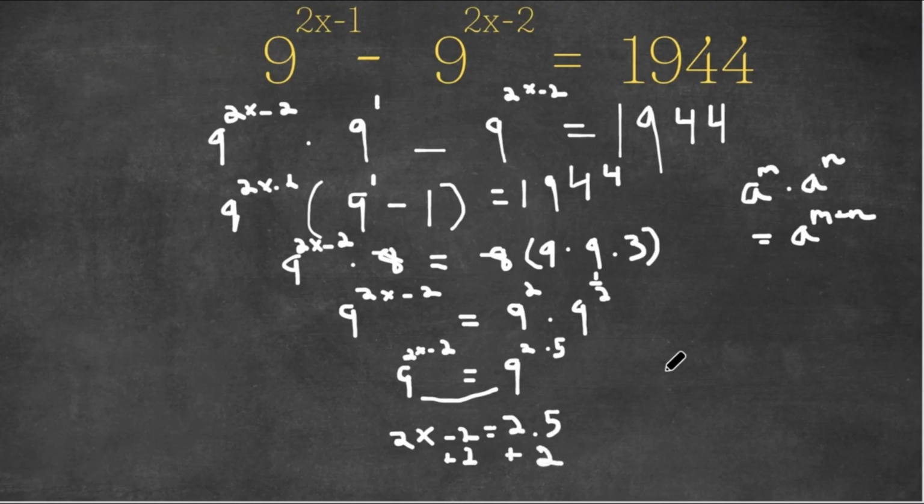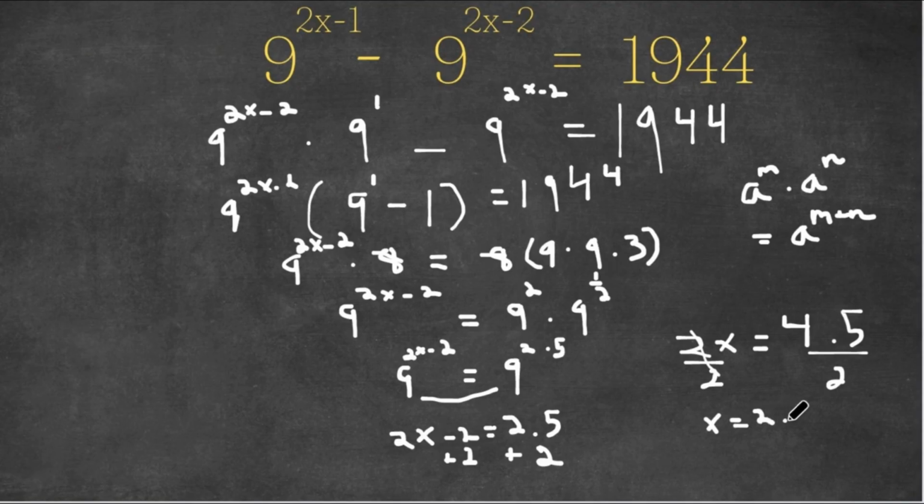So now this would get us 2x is equal to 2.5 plus 2 is 4.5. Now if I divide by 2 on both sides, I get x equals 2.25. And this is our answer.